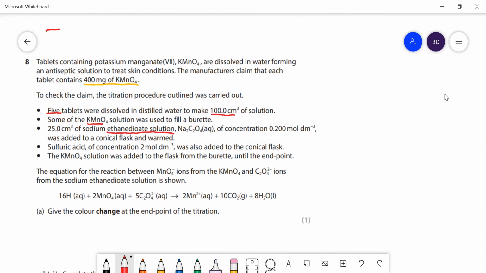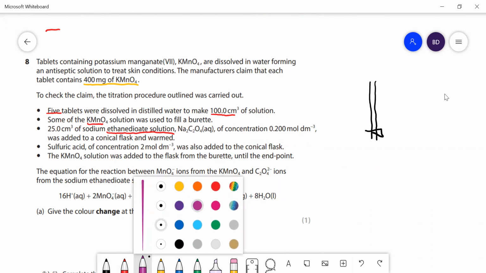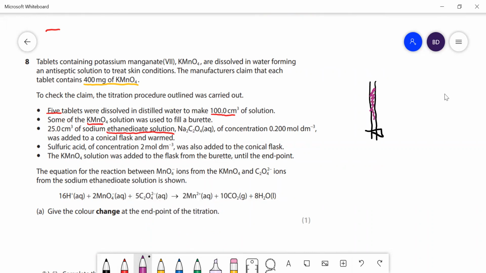Now it's a manganate titration. So what we have is our potassium manganate, purple, a nice purple solution in the burette, and we've got our ethane dioate in the conical flask. When the purple manganate comes in, all the other manganese species are colorless.